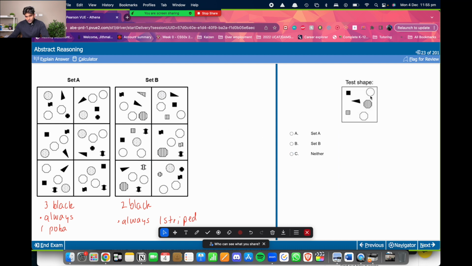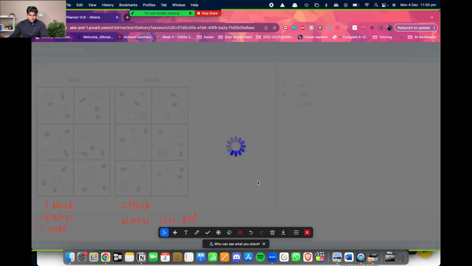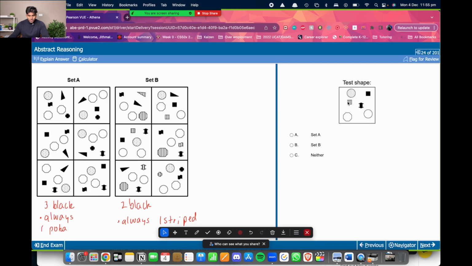Over here, two striped, two black, two white. Clearly going to be B because there's two black. There's always going to be at least one striped, and there's two white, so it must be B. Then we got one polka dot, one striped, two black, two white. So two black, always one striped.